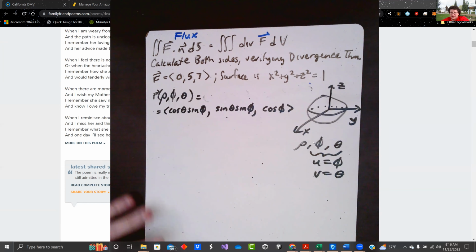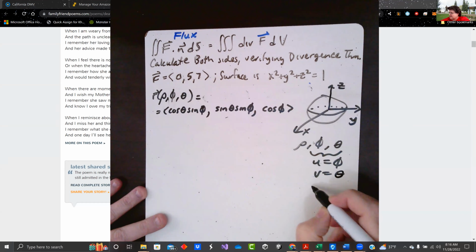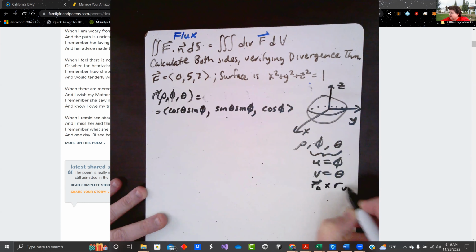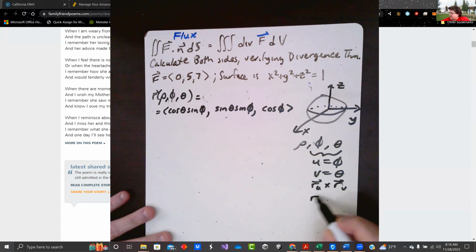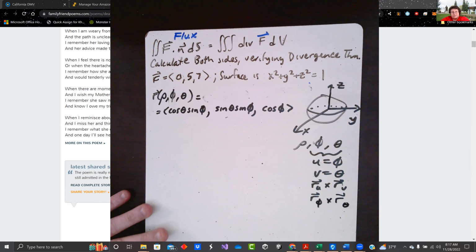And the only reason I listed u and v is because, remember, one of the ways of doing this is r_u cross r_v. So I'm going to do r_phi cross r_theta. So maybe we need to figure out what those are.